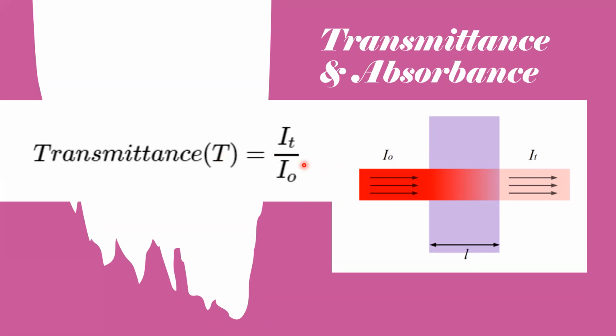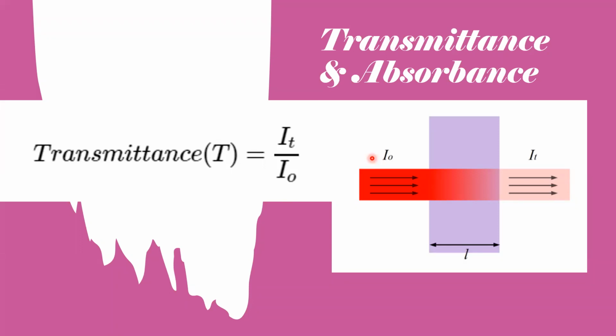And just to repeat myself, transmittance is the intensity of light I subscript T over I subscript 0. So the intensity of light after it passes through the cuvette over the intensity of light before it passes through the cuvette. And then most spectrophotometers have a transmittance scale.